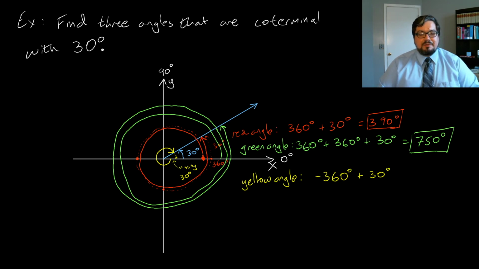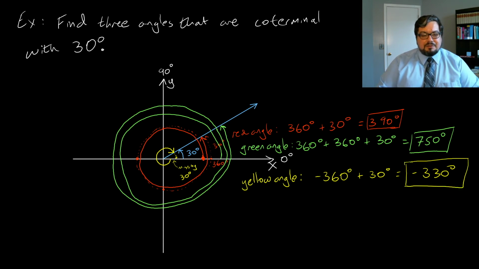So negative 360 degrees would be all the way around the circle, but we don't get quite all the way around the circle. We need to take some of that off, but because we're going negative, in order to take some of that away, we add 30 degrees to it. And so we get negative 330 degrees.